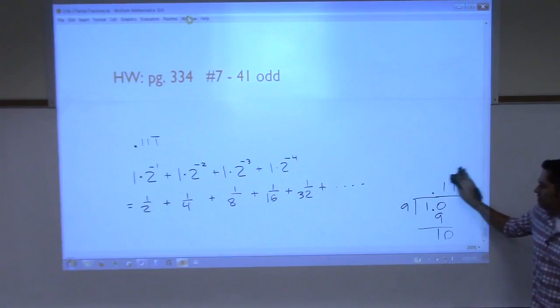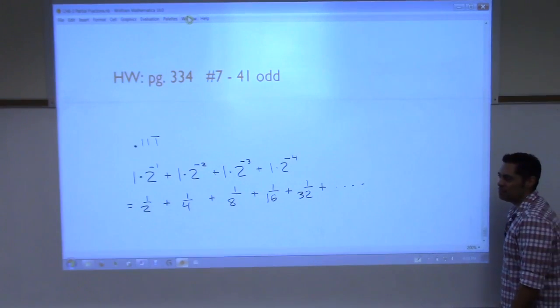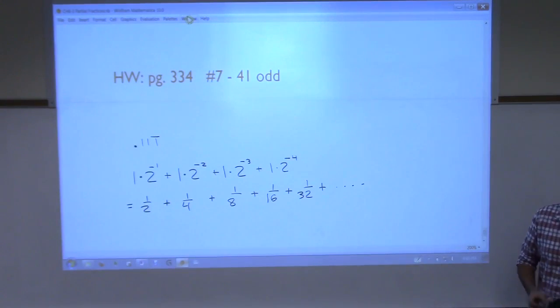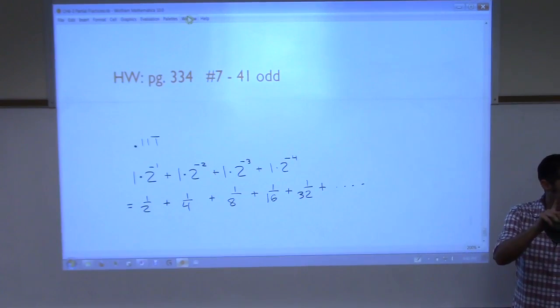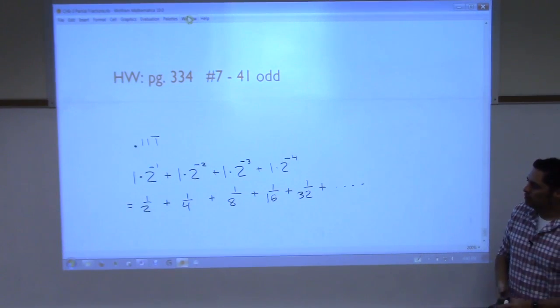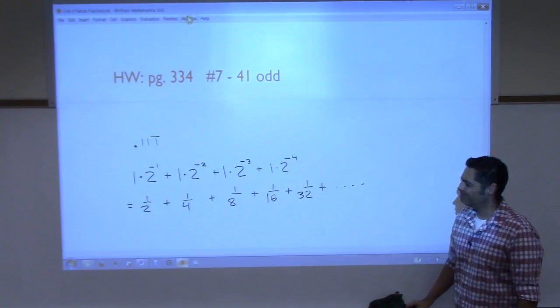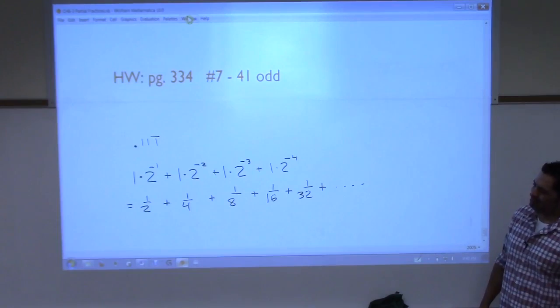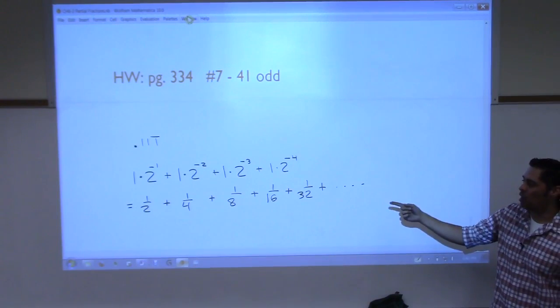Guess what that adds up to be, everyone? Any idea? We're going to study this later. It's called the geometric series. This adds up to be 1, because everything repeats itself. Here, this is the best way I can explain that this is 1.